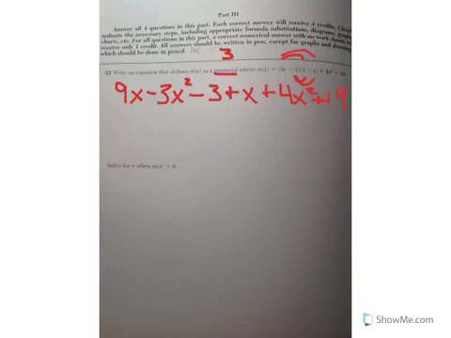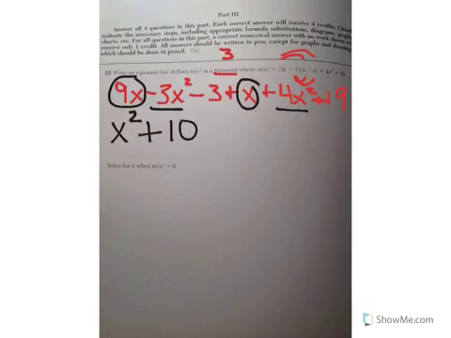So let's start with the greatest exponents. We have a negative 3x squared and a 4x squared, and that just ends up to be x squared. Okay, the next like terms we have 9x and a positive x, so that gives us plus 10x.